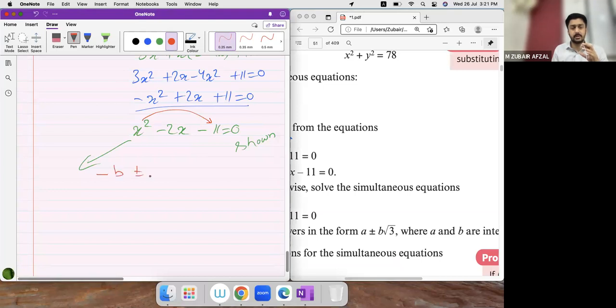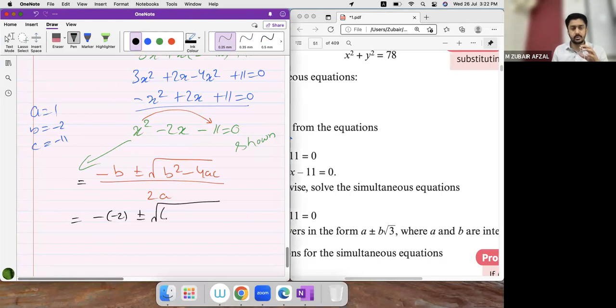Minus b plus minus square root b squared minus 4ac over 2a. a is equal to 1, b is equal to minus 2, c is equal to minus 11. Now this is chapter 2. So minus b plus minus square root b squared minus 4 into a into c.